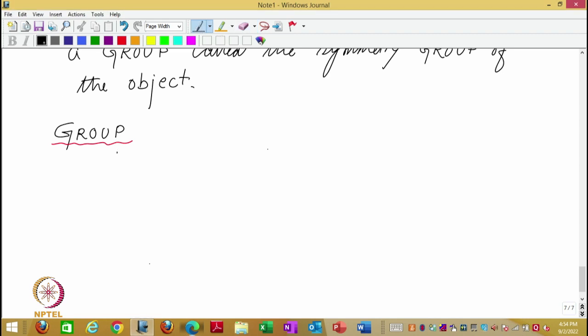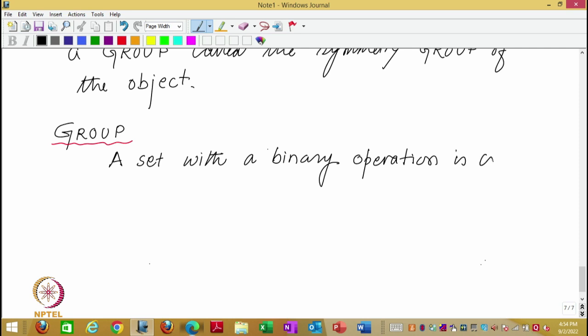For a group you need a set of elements, and you need a binary operation, which means a way of combining two elements. So, a set with a binary operation will be called a group if it satisfies certain conditions.